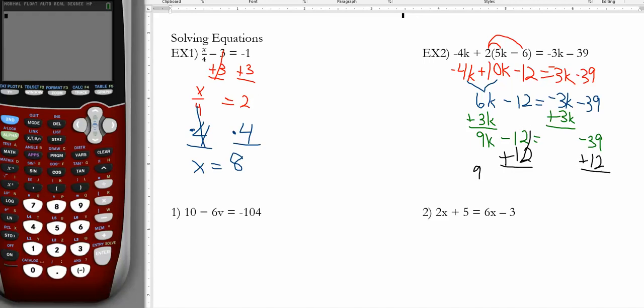So 9k equals negative 27. Now to get rid of the 9, we have to divide because we were multiplying. And once we've divided by 9 on both sides, k equals negative 3.